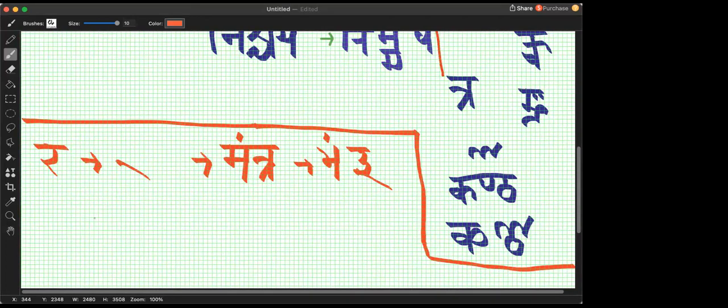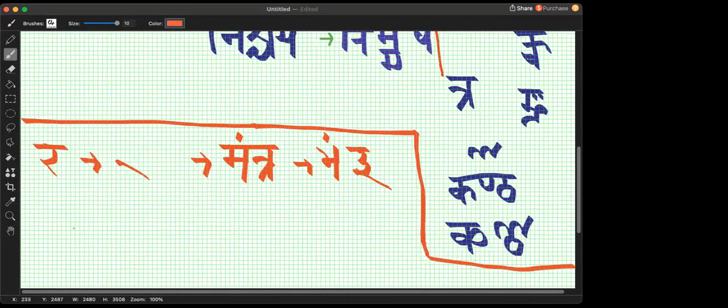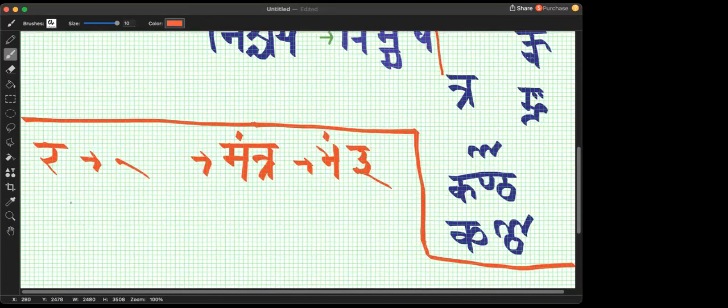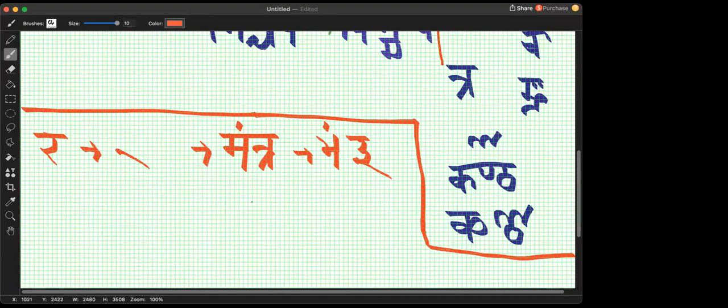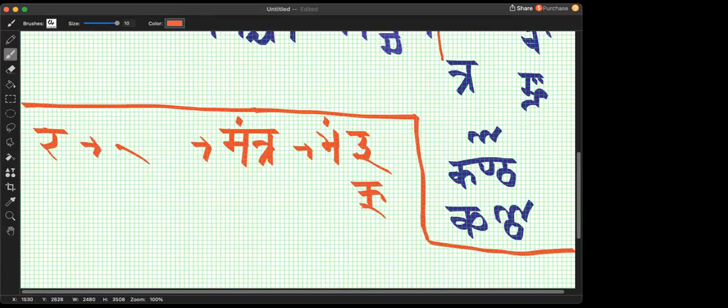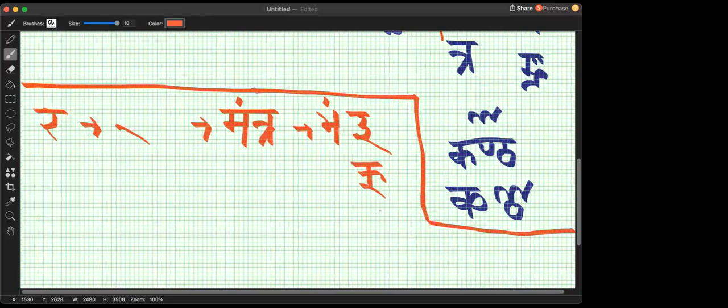And throw. Just thinking. Similarly, it will apply. Suppose you want to write any other for all the alphabets. If you're writing for k, what happens? K will remain half and r will go like this. Not that much, but yeah. So similarly for ma, it also goes like this.